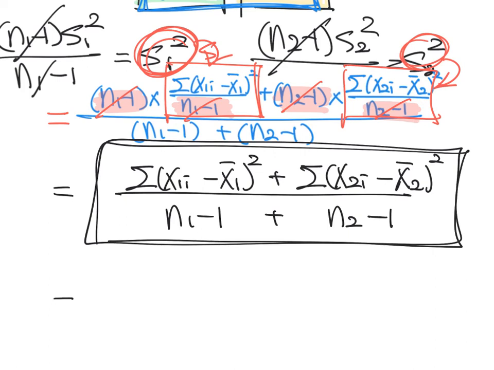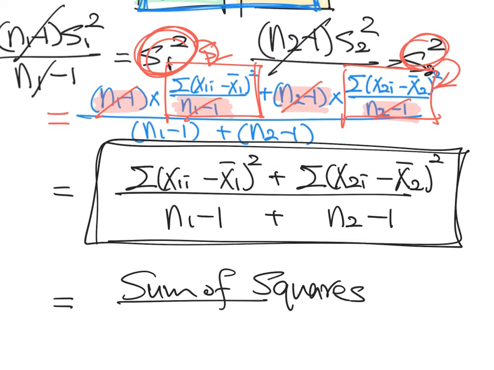You know, it is a form of the sum of squares divided by the degree of freedom. It is exactly the same form as the variance. Always the variance has the form, the sum of squares divided by the degree of freedom.